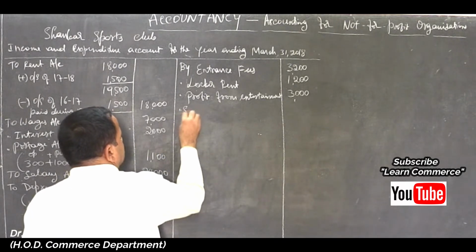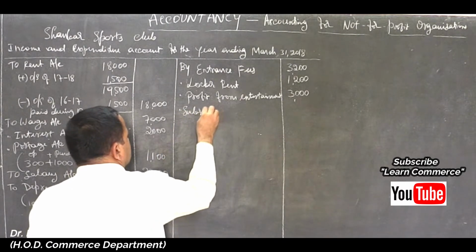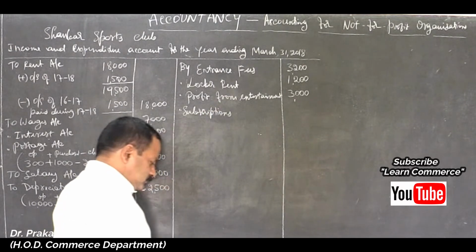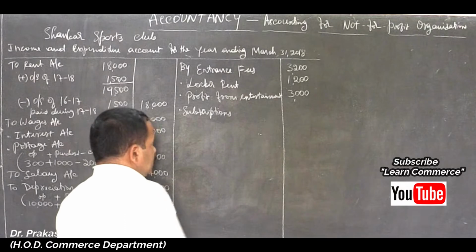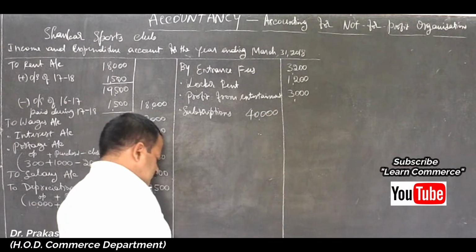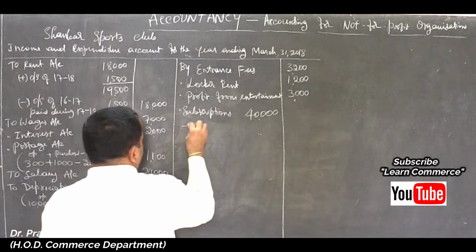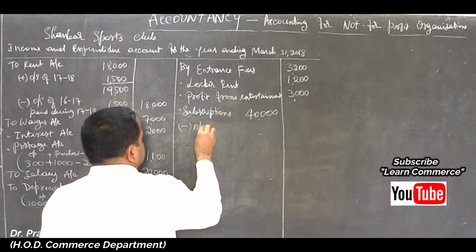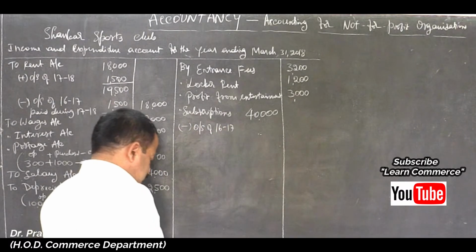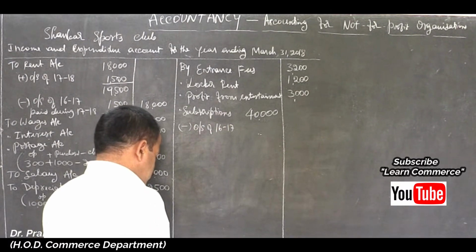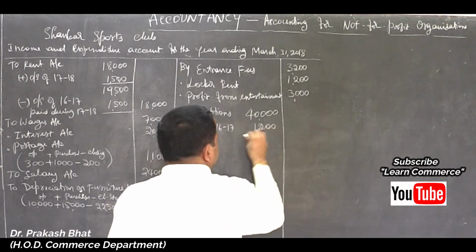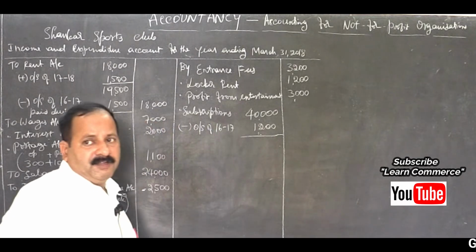Subscriptions 40,000 minus outstanding of last year, outstanding of 16-17, how much is it? 1,200, isn't it?